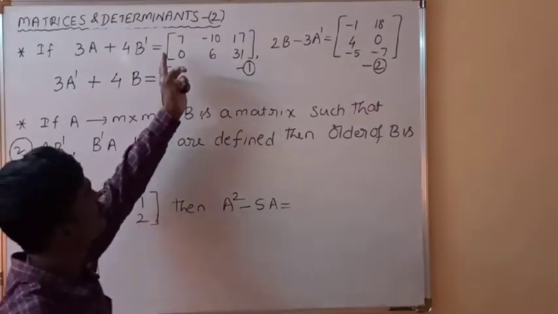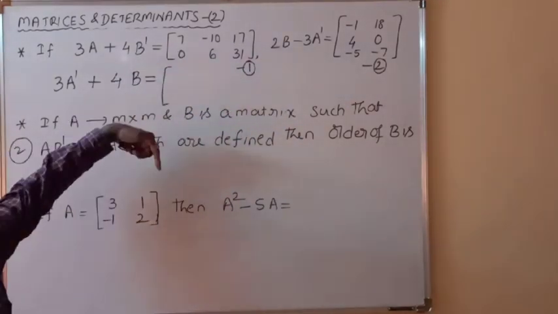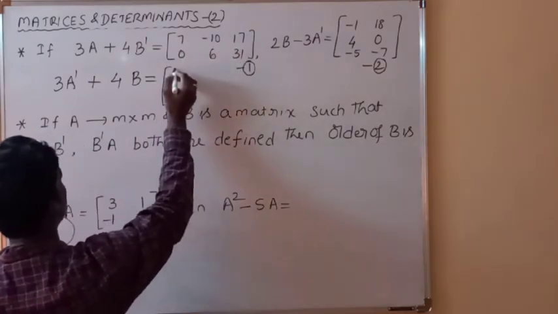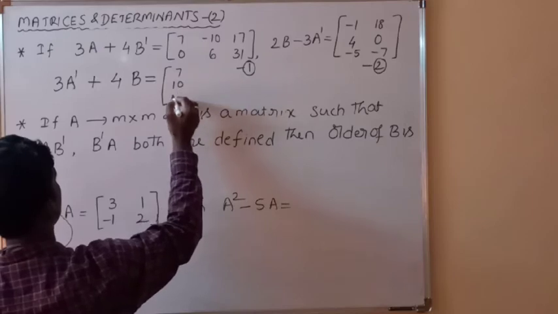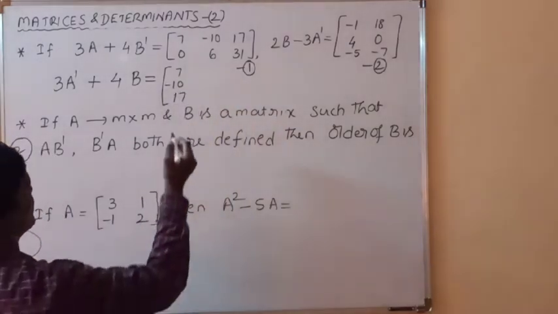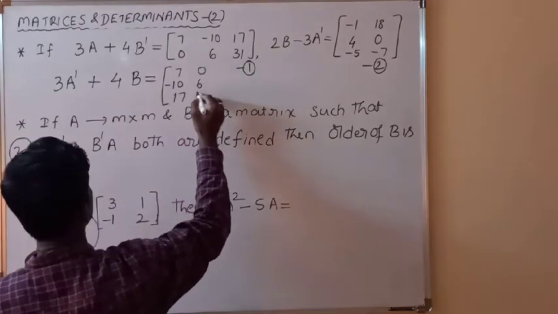Here the first row becomes the first column in this matrix. The first row elements are 7, minus 10, 17, so in this matrix the first column elements are 7, minus 10, 17, and the second column elements are 0, 6, 31.